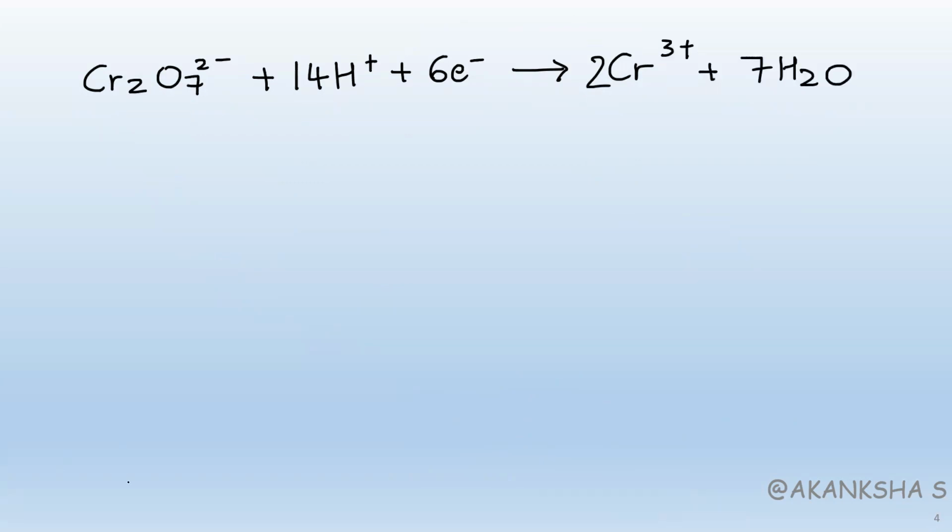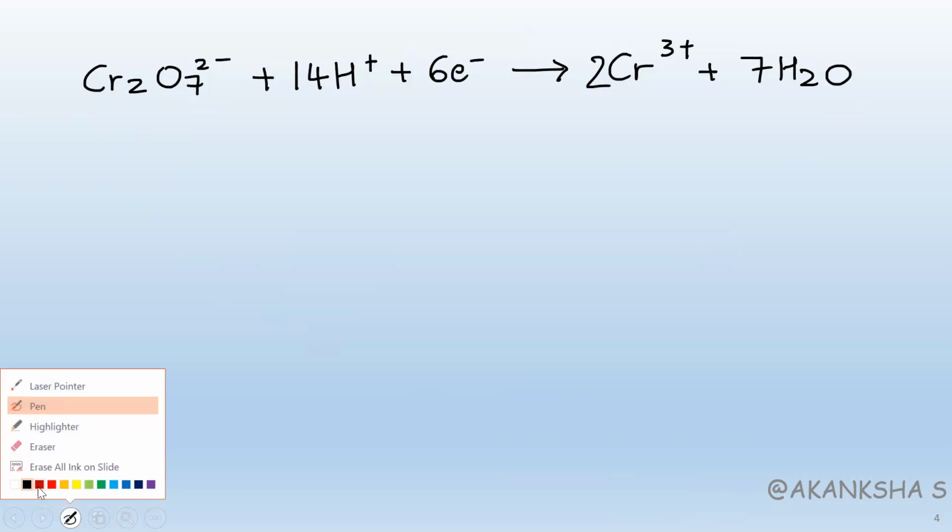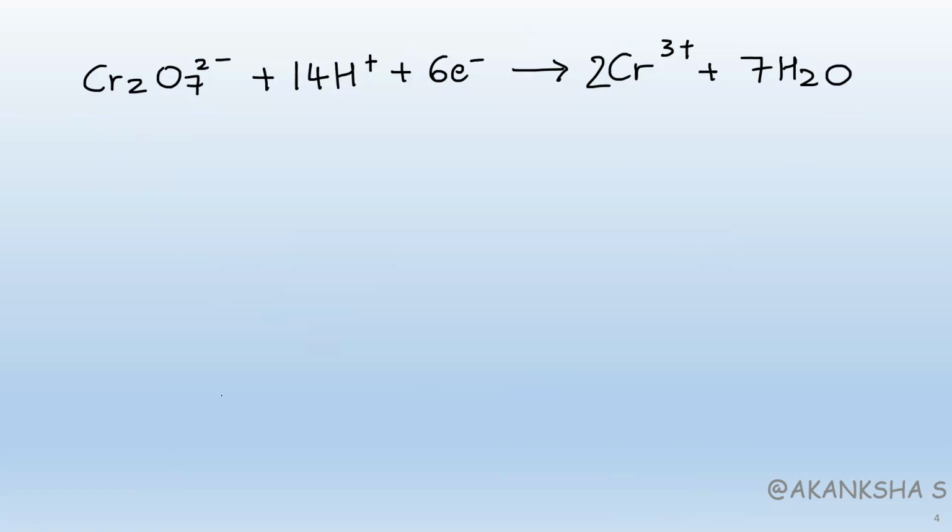Sometimes the board might ask you to justify these in compound forms. This is nothing but written as potassium dichromate. You can write H plus as any acidic compound, so let's say we write it as H2SO4. Electrons we need not look at right now.